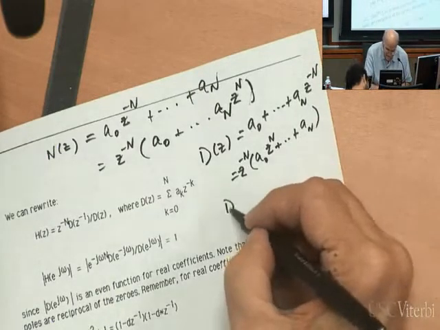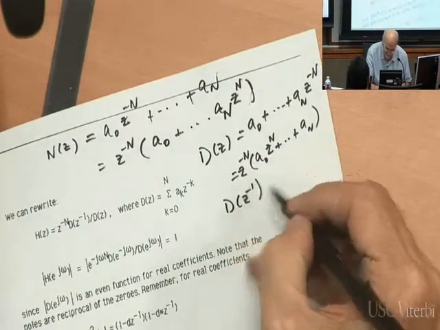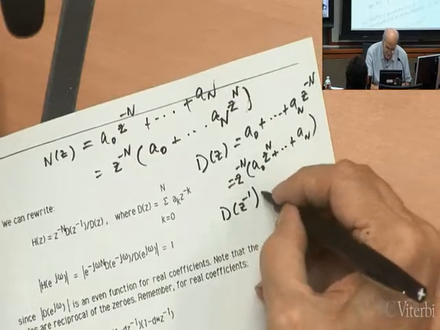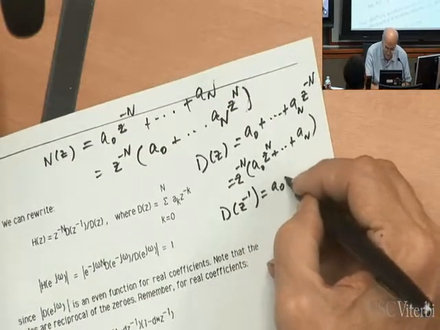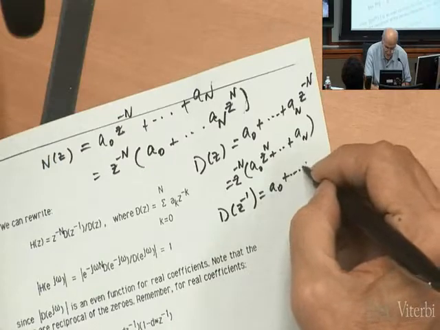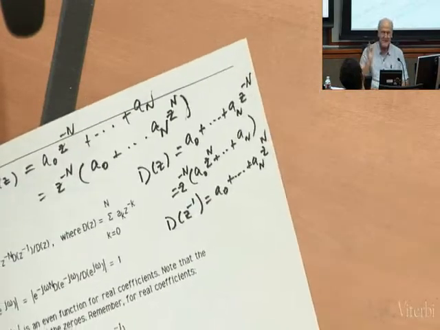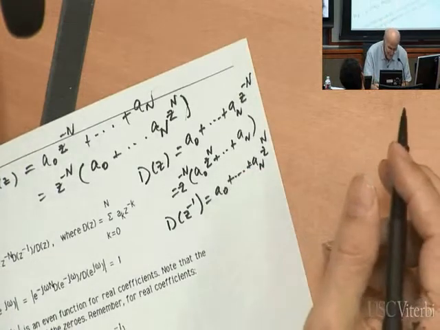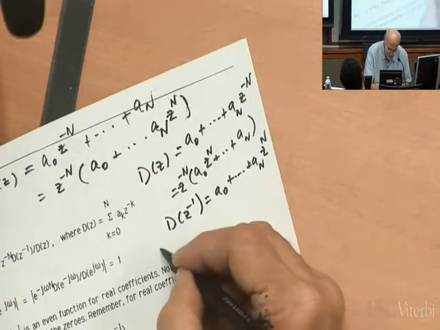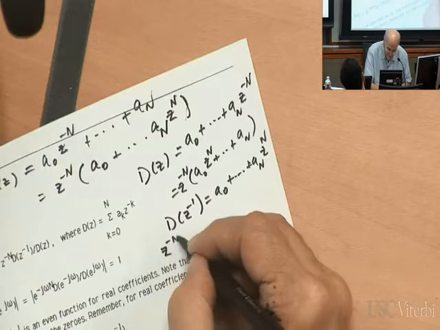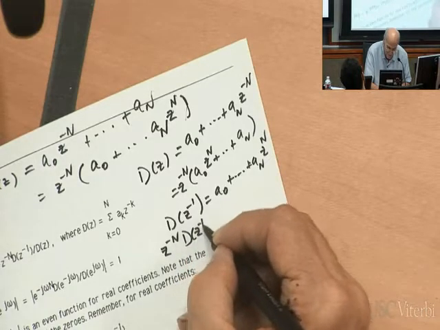Let's take d of z inverse. And what is that? That's equal to a naught plus dot, dot, dot, plus a sub n z to the n. Okay, that's d of z inverse. Now let's look at z to the minus n times d of z inverse. That's what I wanted.